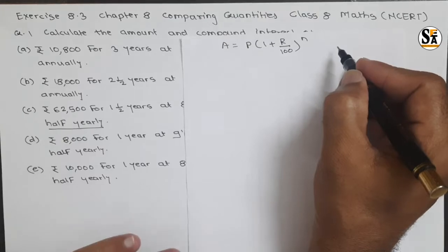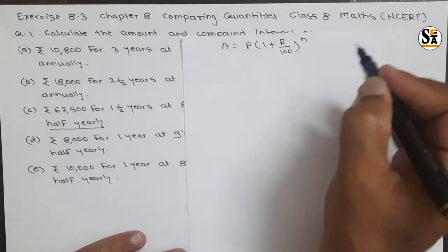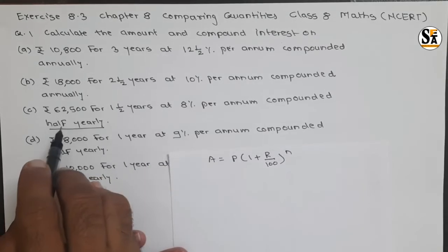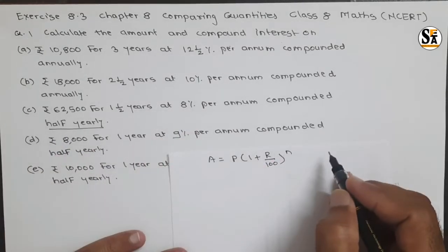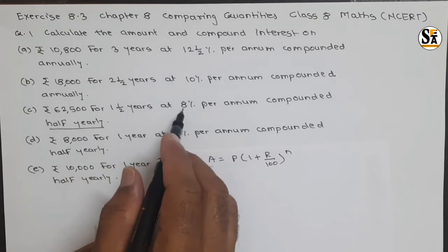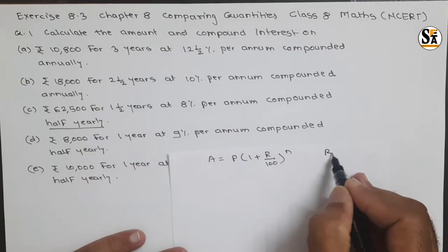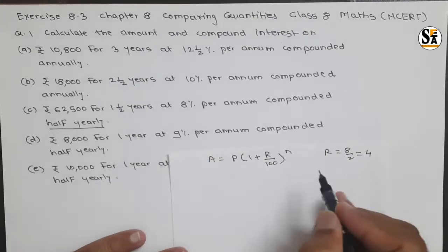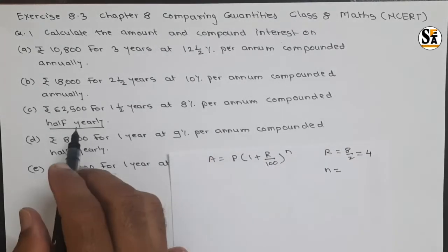Here r will be 50% of 8%, because for half yearly we must consider half of the interest. So r will be 8 divided by 2, that will be 4.